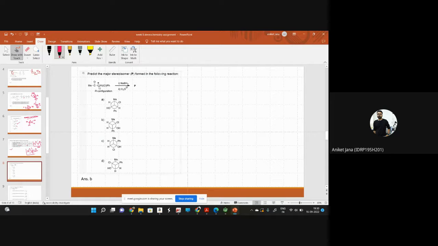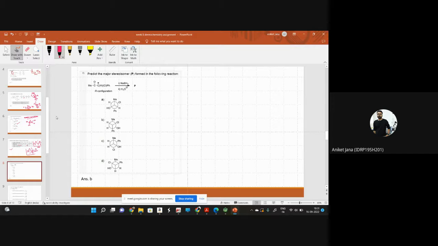Chlorine is a strong dipole, and the carbonyl also has some dipole. So there will be a possibility of dipole-dipole interaction, right? To minimize this dipole-dipole interaction, the chlorine atom is favored to be in the anti position with respect to the carbonyl group. So this is called the dipole model.